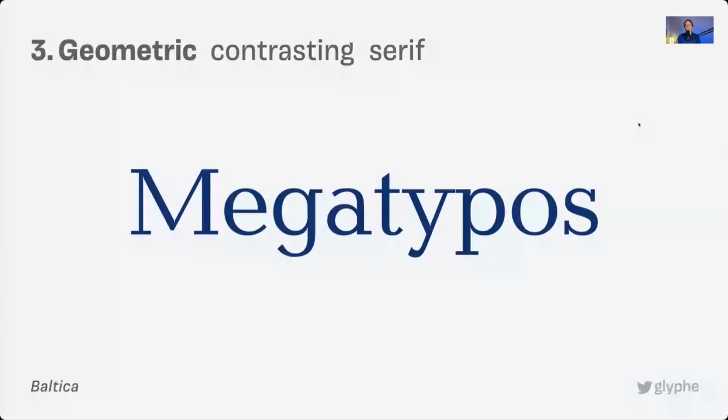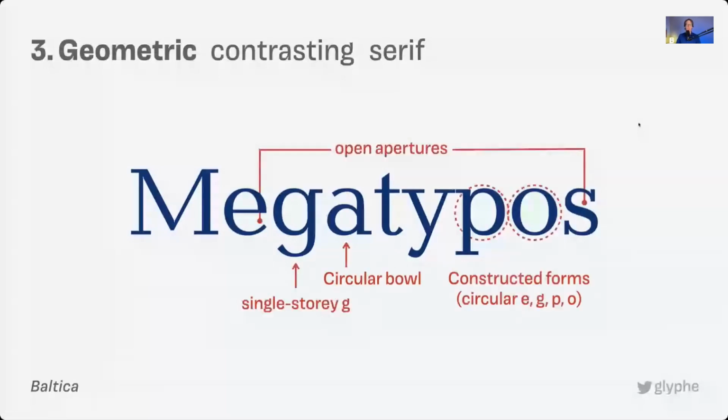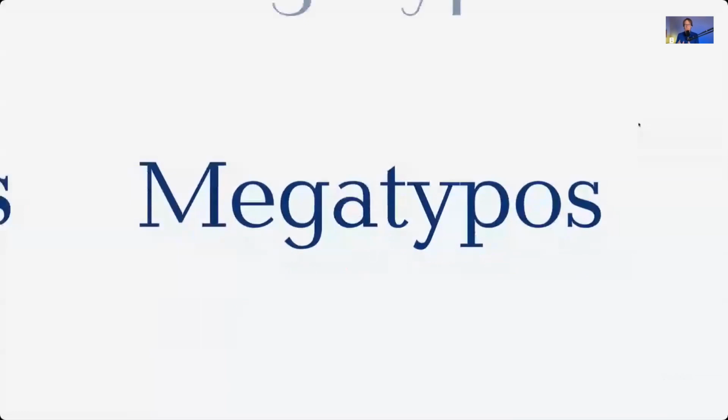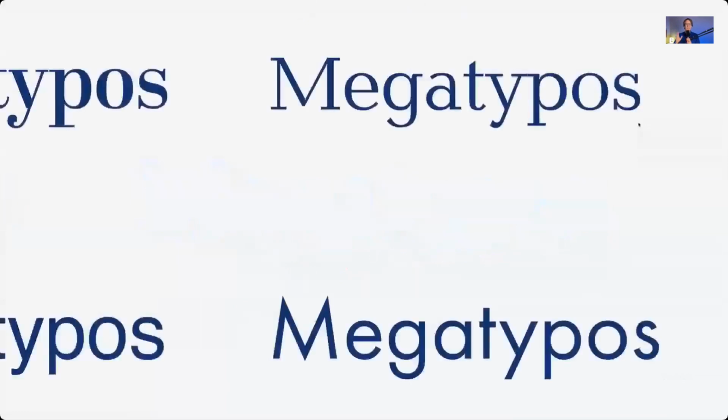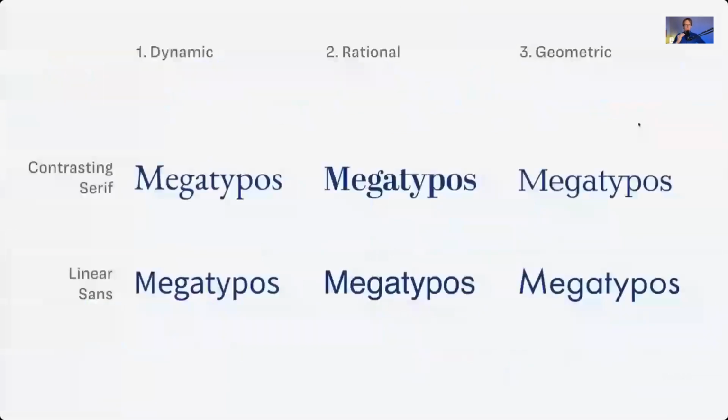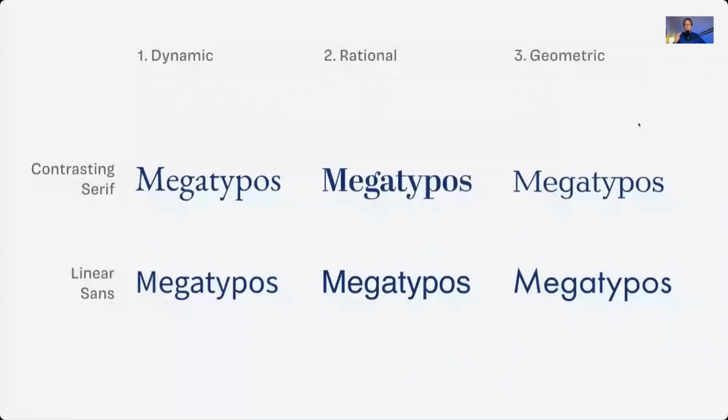And here what we see: single story G, circular bowl, constructed forms. And now we're inside. Now we see the matrix. Now we see how this moves from these different form models. We had the contrasting serif in a dynamic form model, in a rational form model, in a geometrical form model. We had the linear sans serif in dynamic, rational, and geometric form model.